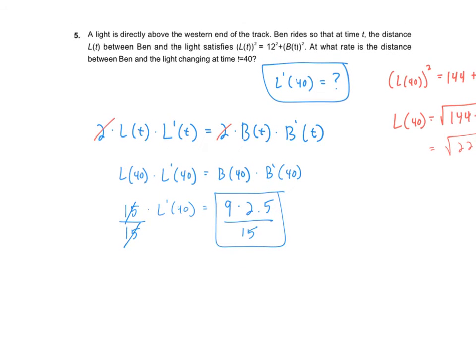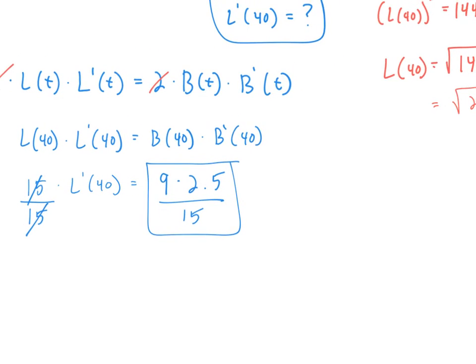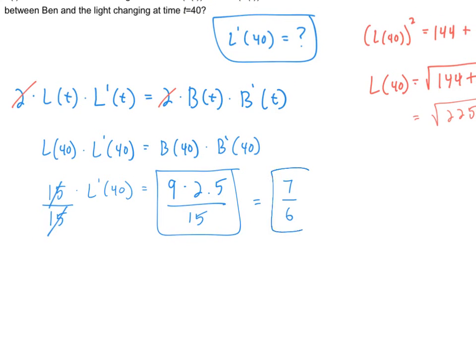Okay, but here I'll simplify it just in case someone else did. Times top and bottom by 2, so 27 over 30. Wait, 35 over 30. Oh, okay. So that would be 7/6. So you could write either one of these.